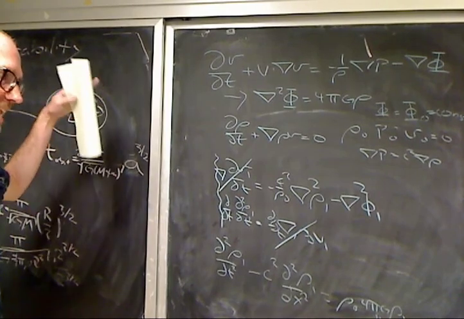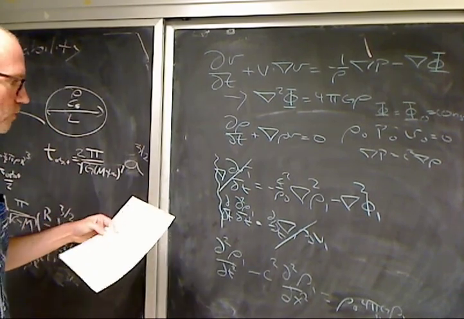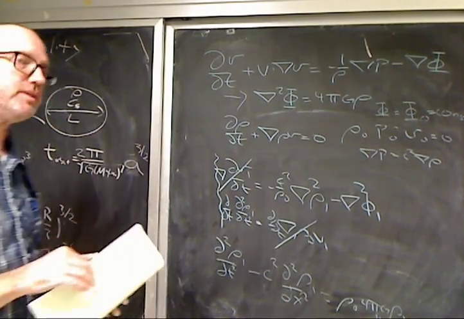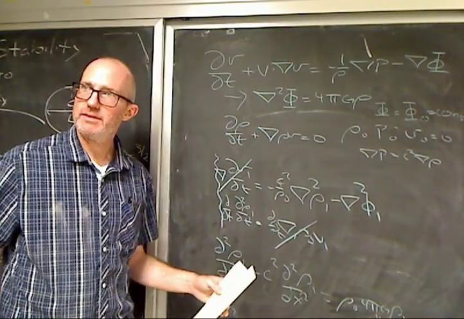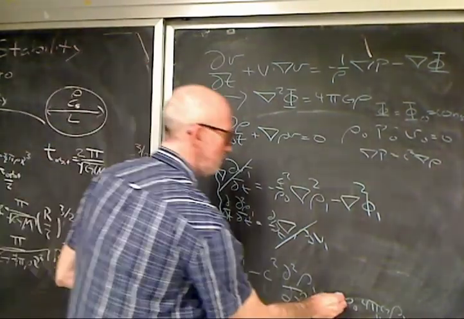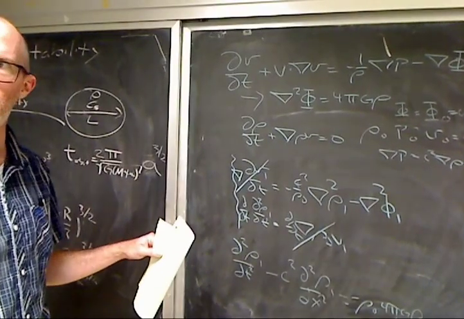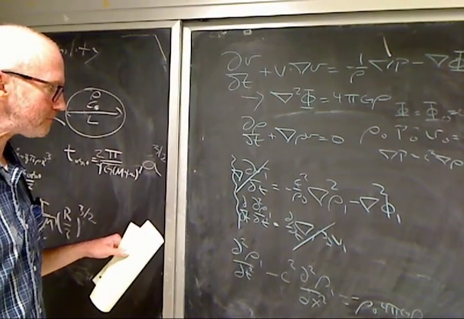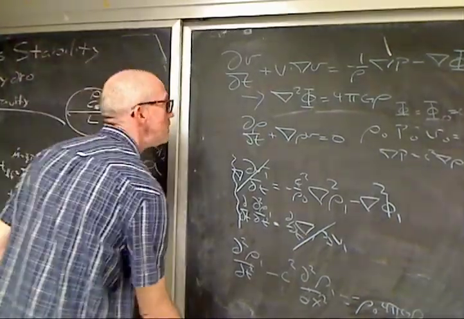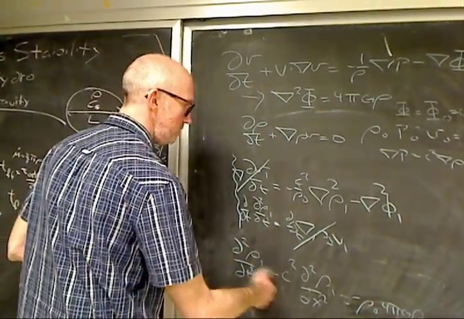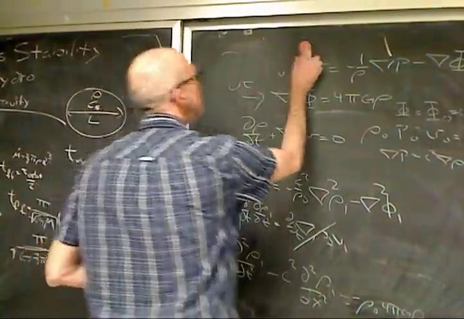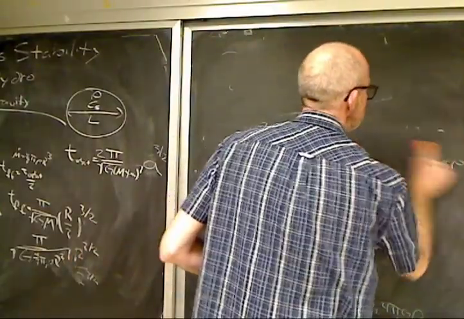Okay, so this is the same thing that we found with sound waves, except now we have this extra term at the end. Wait, shouldn't it be a negative on the... This one? No. Yeah, probably. I was doing this kind of quick, so I might have dropped something. So we do the same stunt with the Fourier analysis.